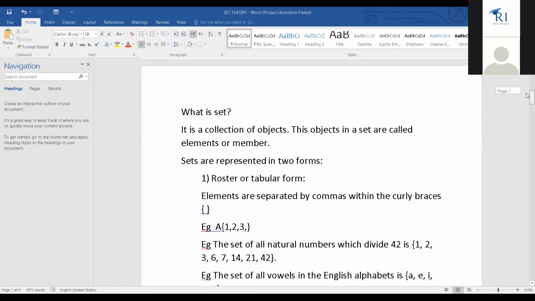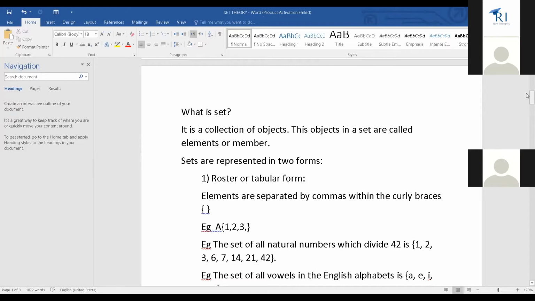Okay. First thing, we need to know what a set is. A set is a collection of objects, and these objects are known as elements or members. The collection of these elements and members gives us a set. Sets are represented in two forms: roster or tabular form.